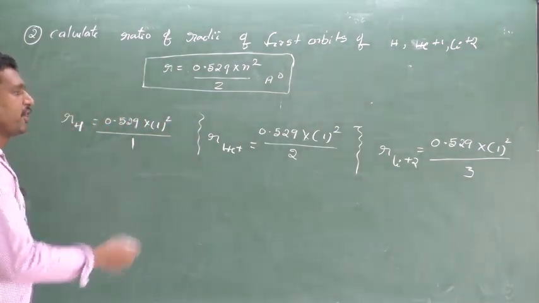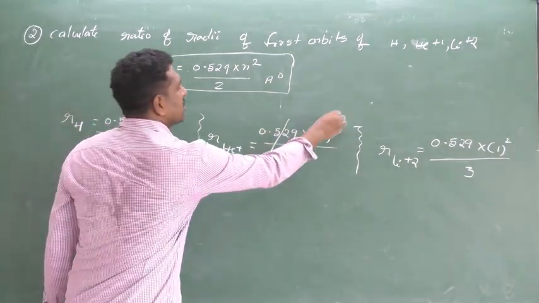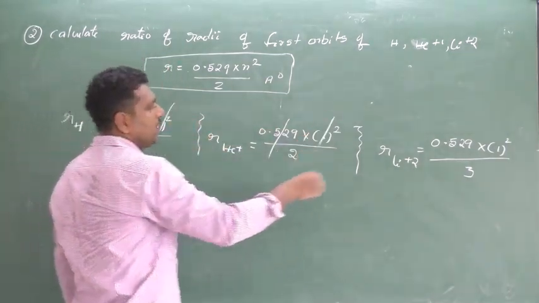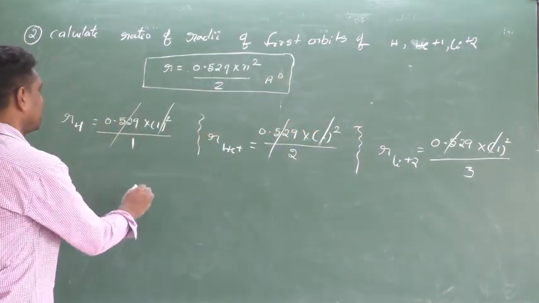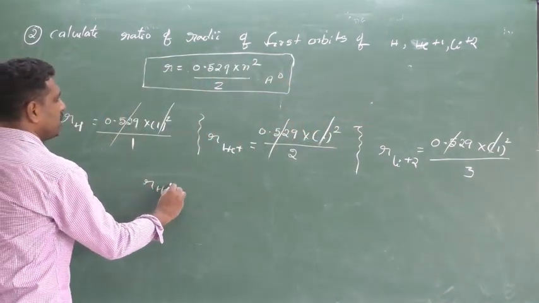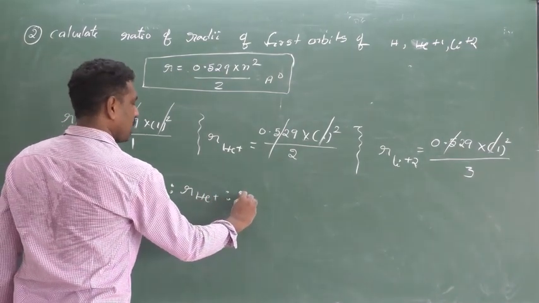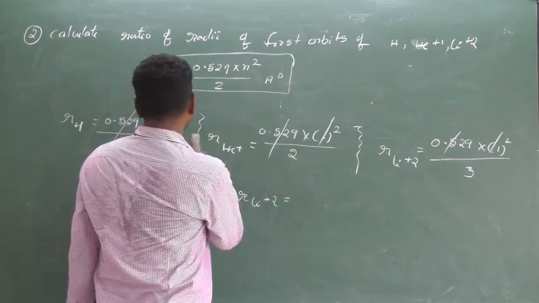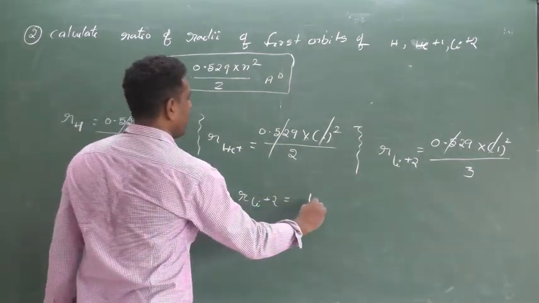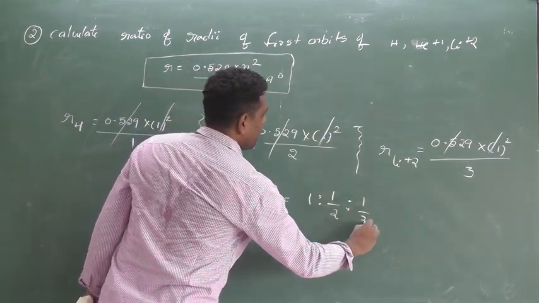If you take the ratio, you can cancel the same factors. So ratio r H is to r He is to r Li plus 2 equals: first hydrogen 1, is to 1 by 2, is to 1 by 3.